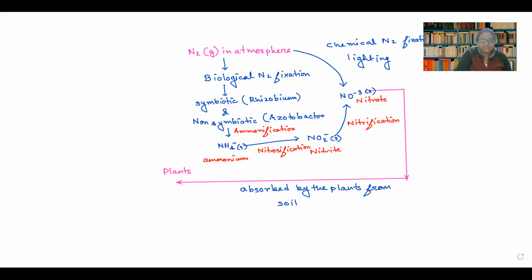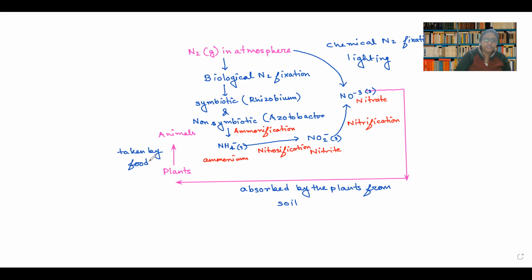Now from plants, they are uptaken by animals too. So how are they uptaken? Taken by food. When we eat plants or we are eating other animals which are eating plants, we are getting those nitrogen sources.